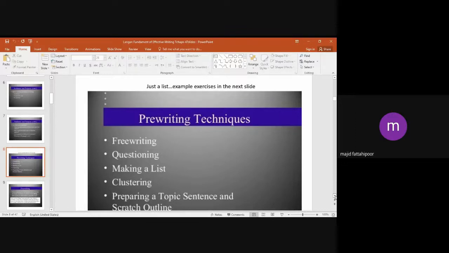So we're going to talk about the pre-writing techniques. First of all, we have to make such a difficult thing into easy, small steps. These are called pre-writing. Pre-writing means whatever you do before your actual writing. For example, free writing, it means without any structure at first, only at first.